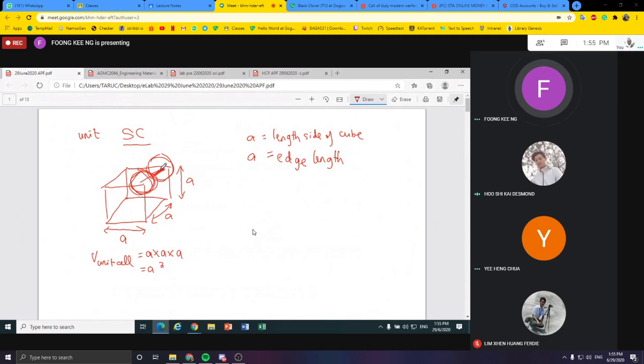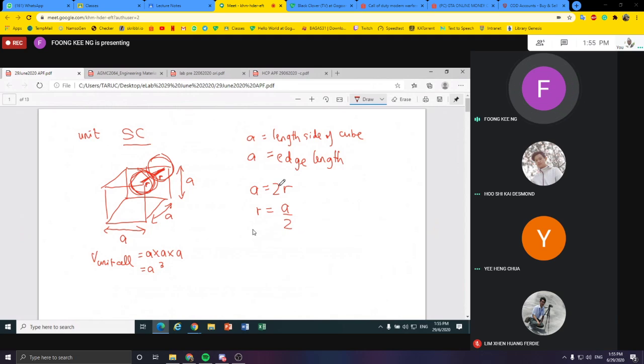Now we know this is how much R? How much R is here? One R. This is one atom, only half of it goes into it. This is another R, correct? So can you tell me, A is equal to what? 2R. Very good. So R equals A over 2.